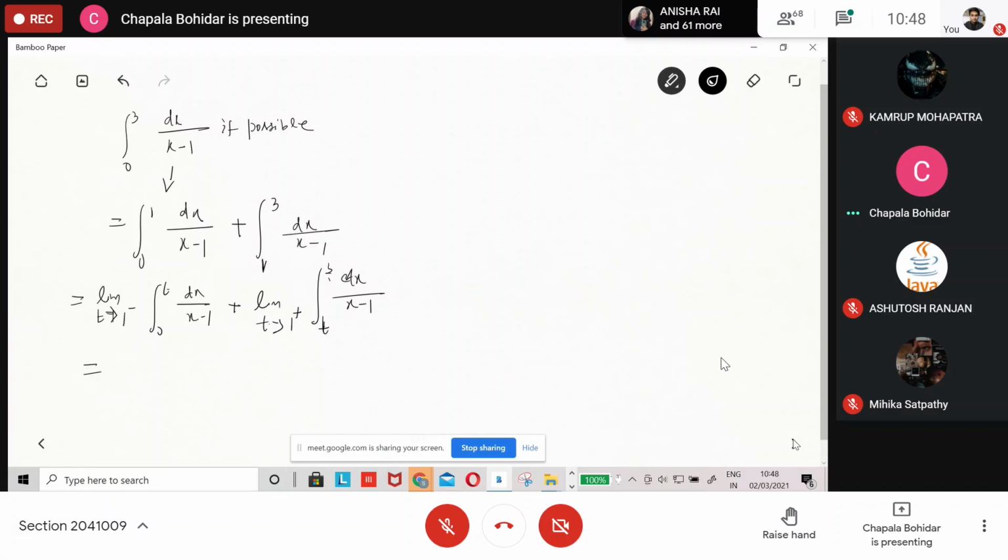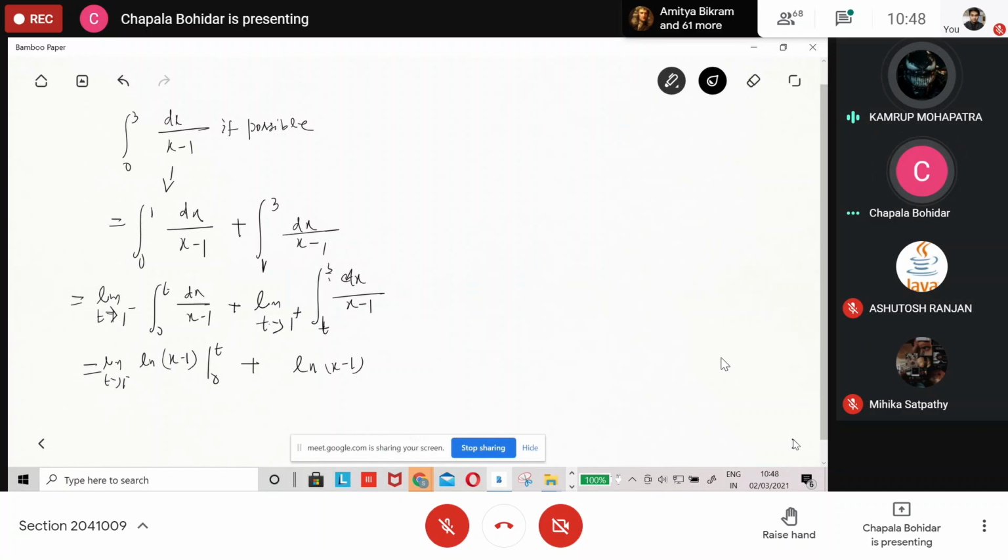So I'll get ln of x minus 1 with limits 0 to t, limit t tends to 1 minus, then plus ln of x minus 1 also.